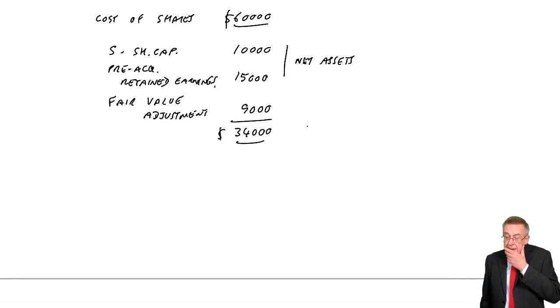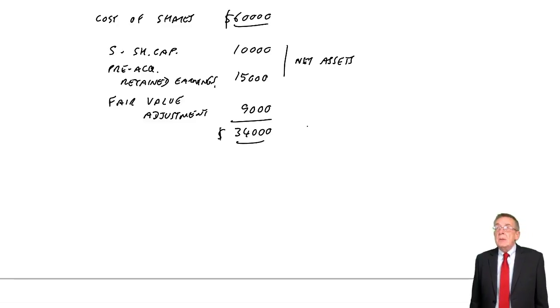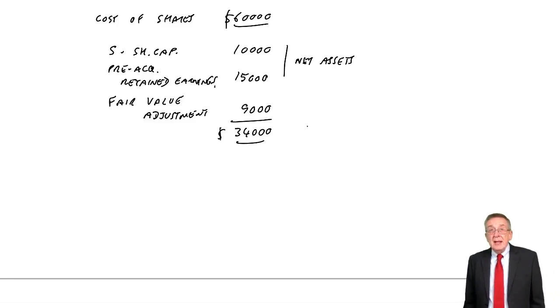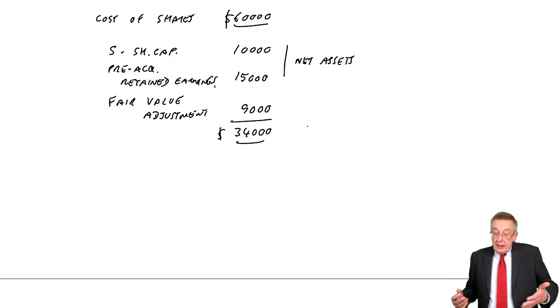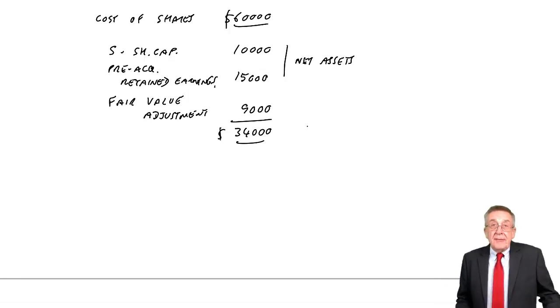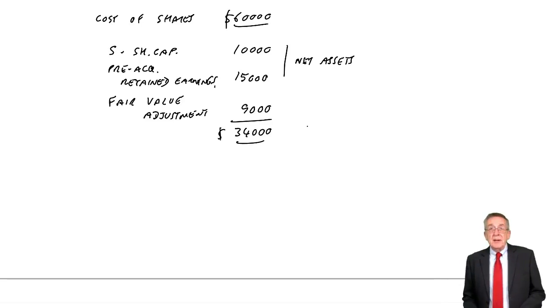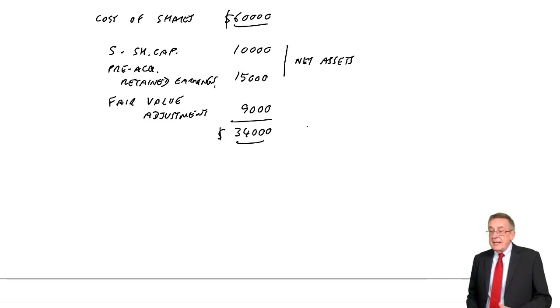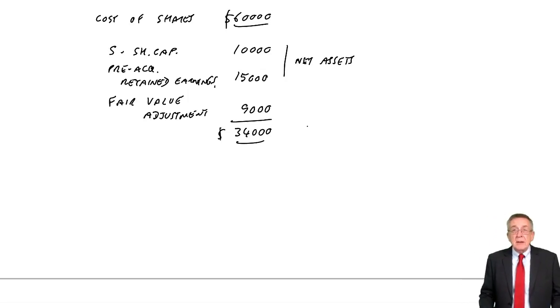Well, that's fine, but why on earth did we pay 60,000? Well, it's something I referred to in a much earlier chapter, that maybe the value of the assets in your company is 34,000, but you're already a successful company, you're making profits.